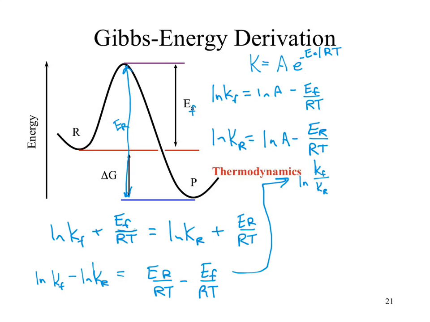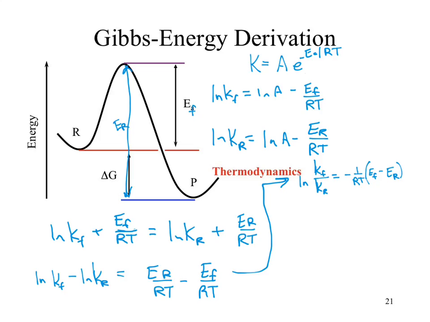These are lowercase k's, which will become important in a second, which will equal negative 1 over RT times the quantity E forward minus E reverse.